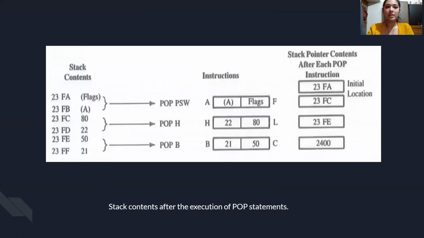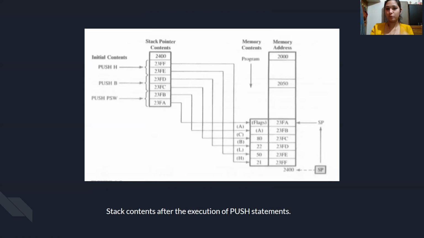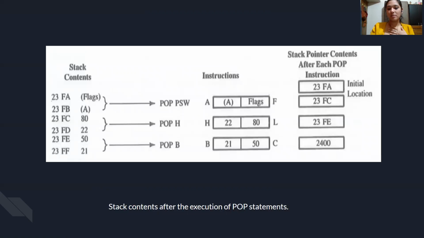Now let's move on to when we perform operations such as pop PSW, pop H, and pop D. When we entered data, it was written push H, push B, and push PSW, so data was inserted in the order of H, L, B, C, accumulator data, and flag register data.